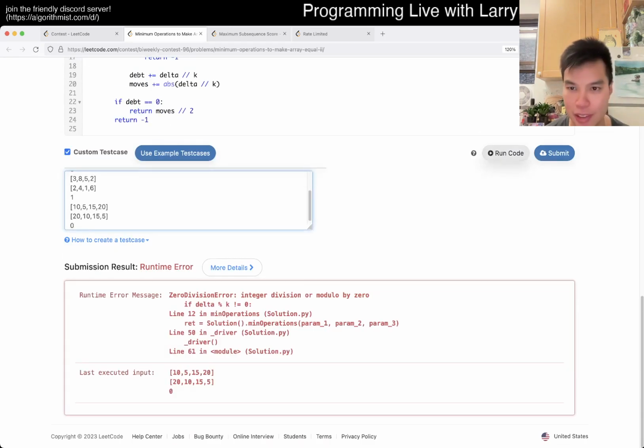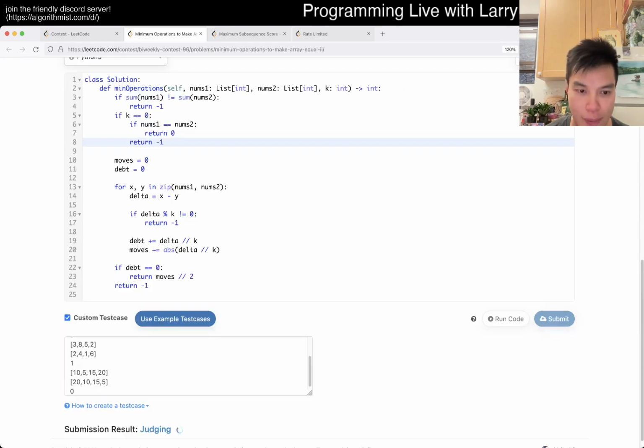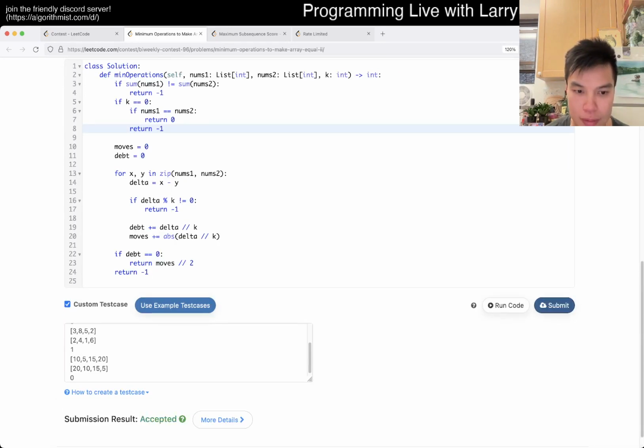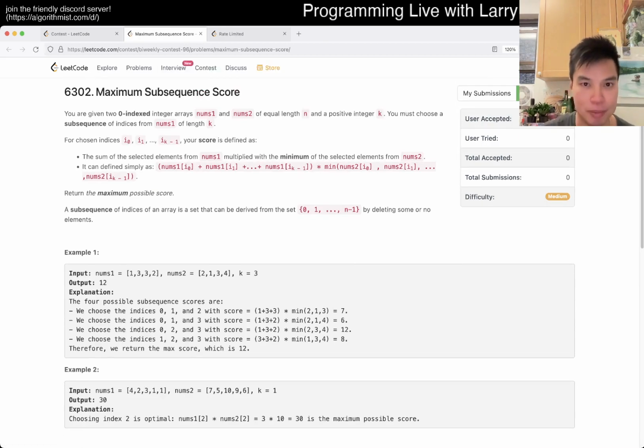I didn't look at the constraints. I think I kind of didn't think about this one. Yeah, that was a silly mistake. Too arrogant. Read the next one.